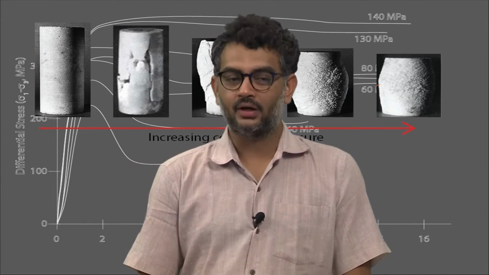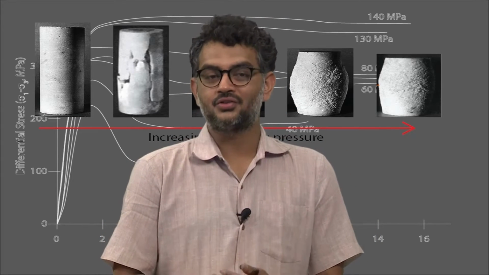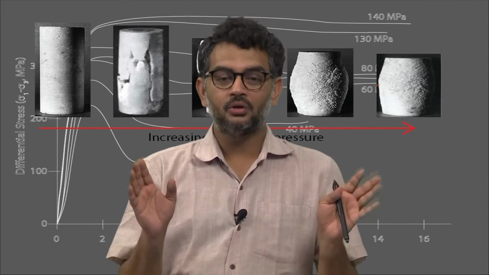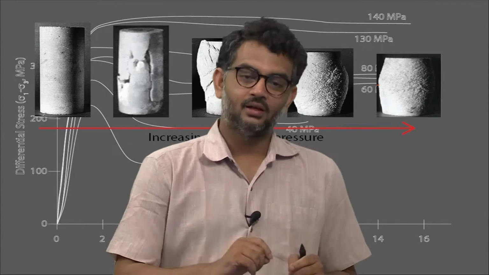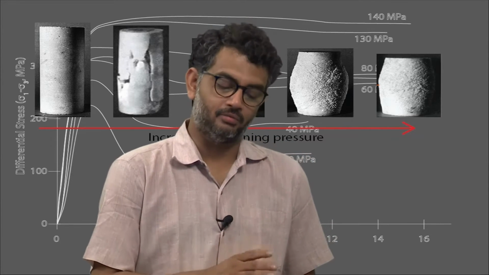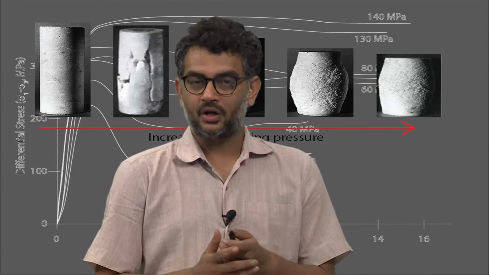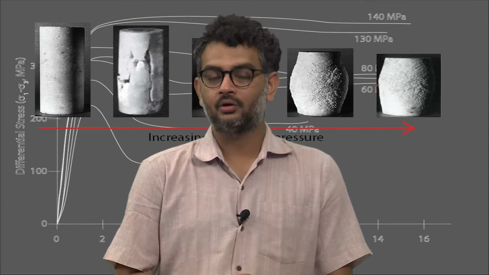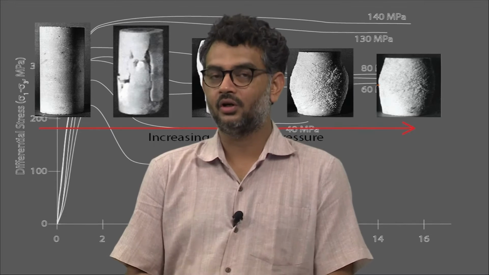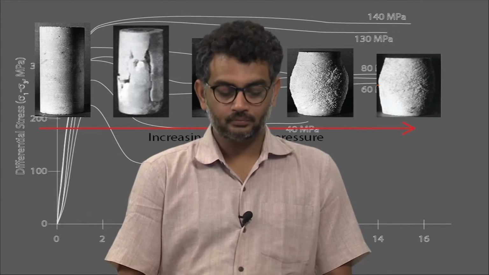And then strain rate is also very important, because in the earth, though the process is extremely slow, even within the range of slowness, there are many varieties, many possible strain rates at which rocks deform. So, pressure and temperature are extremely important in finding the behavior of the rocks under stress, and at the same time pore pressure and strain rate.